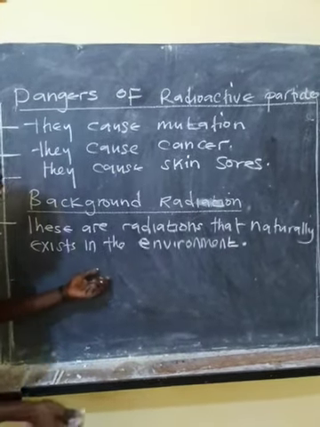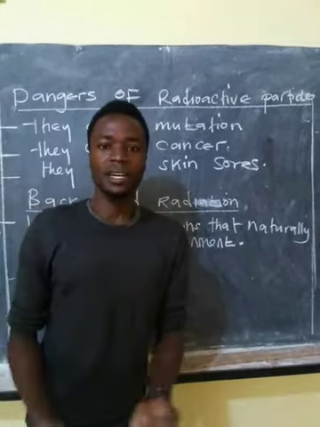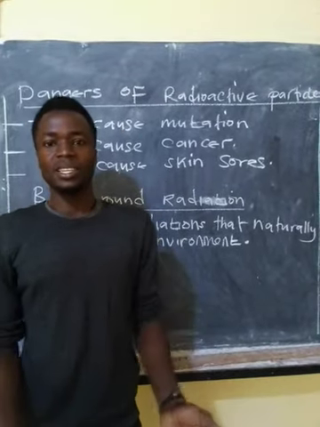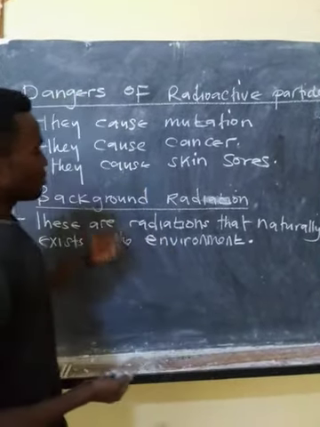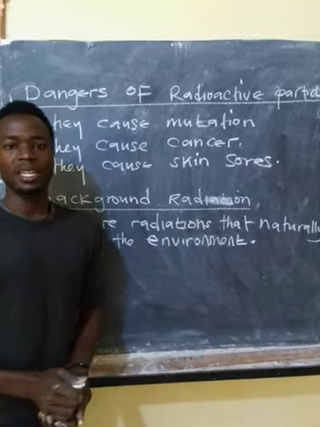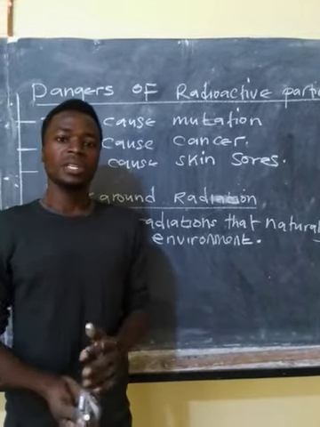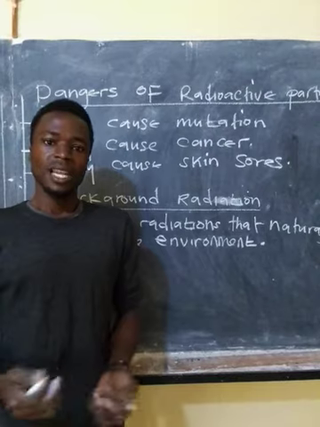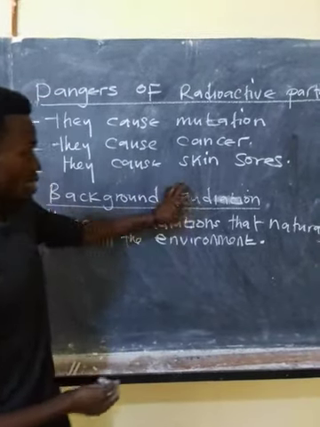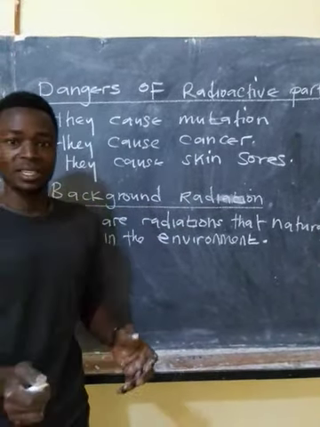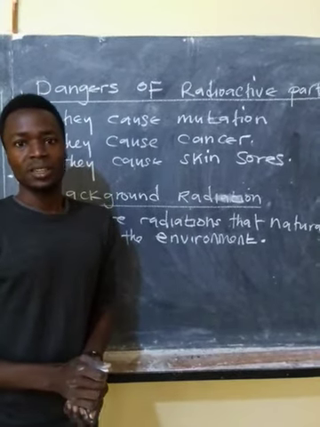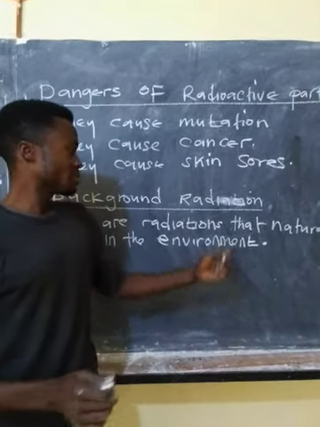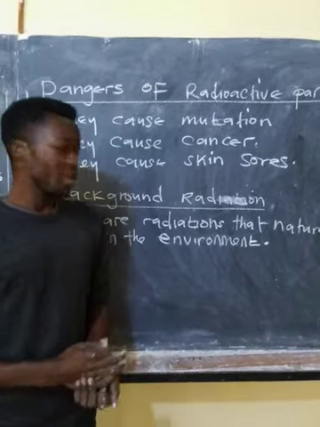We may not know that where we are there are some radiations, but they are just there in the environment. And background radiation has a minimum effect when it comes to human life. So the radiations which are in the environment are not that dangerous. So we are saying that they have an infinitesimal effect on human beings.